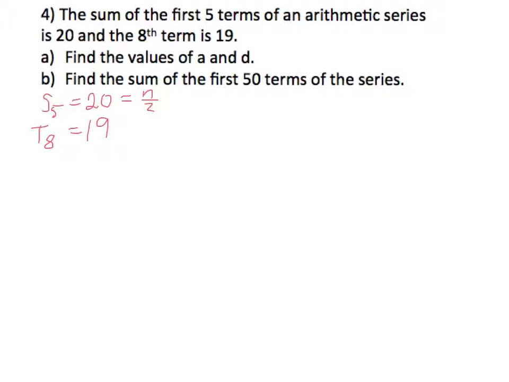But we have n, so it's 2a plus n minus 1, well n is 5, so it's going to be 4d. And then for the 8th term, it's going to be a plus n minus 1, which is 7d.